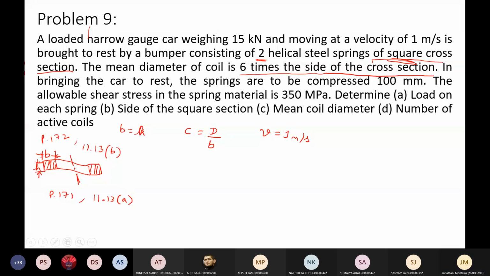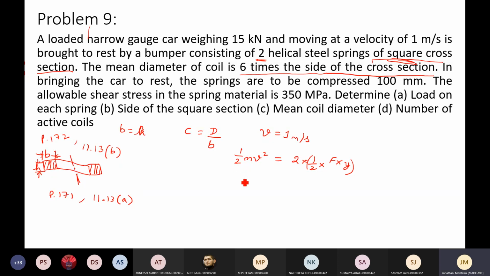So I'll directly write the equation: half m v squared must be equal to 2 times half into F into Y. Why 2? Because the number of coil springs is 2.